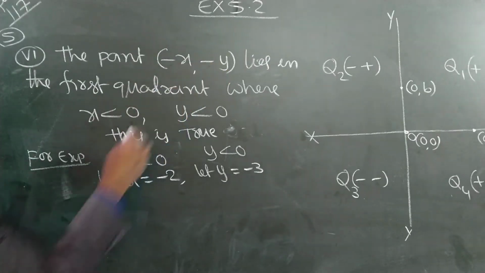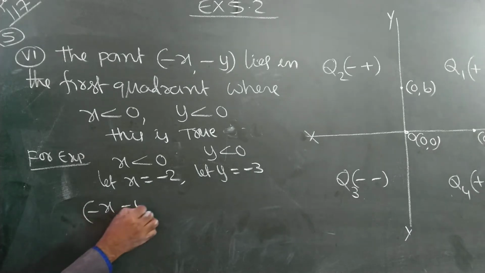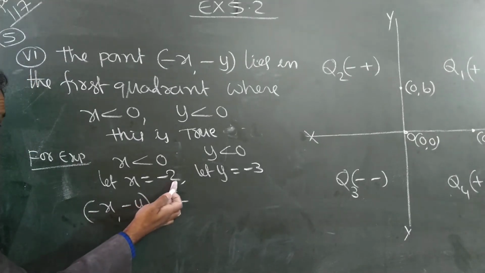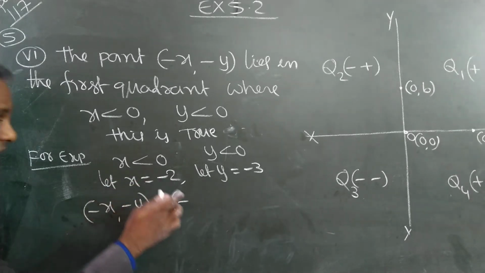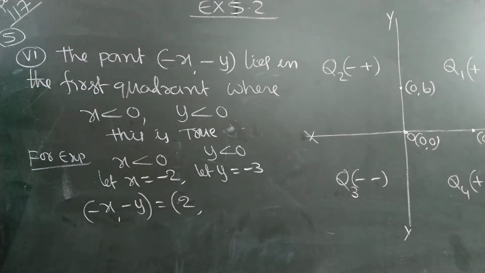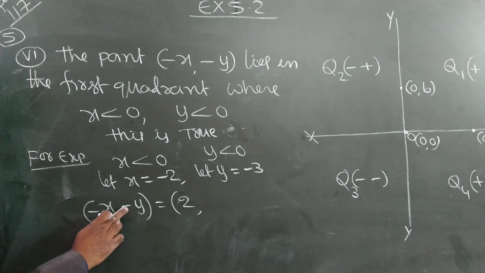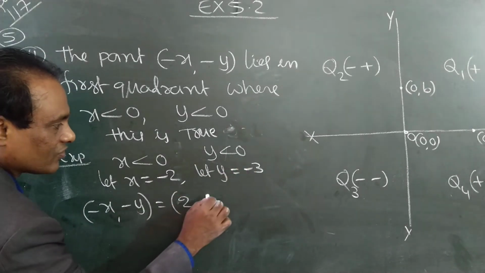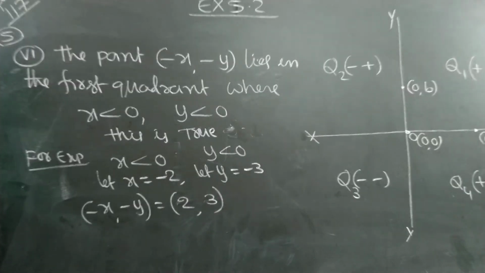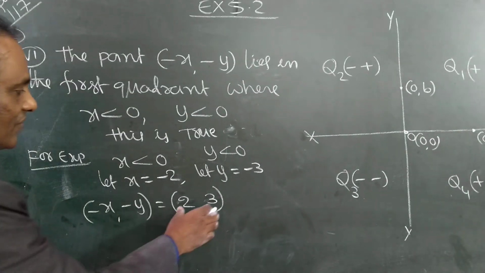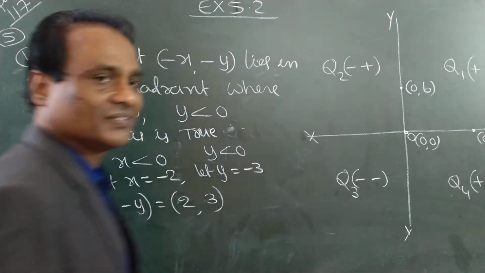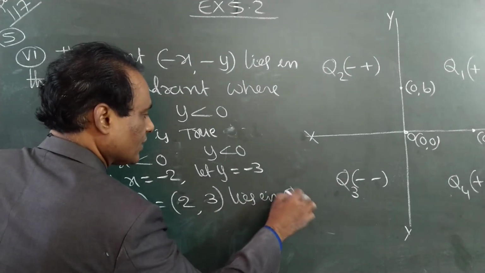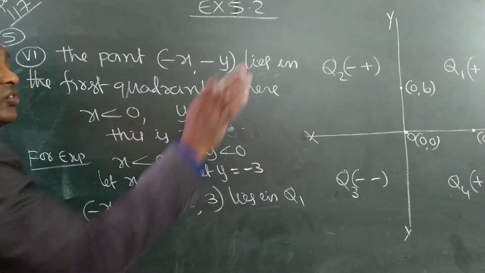What is the point here? (-x, -y). x is -2, so minus of minus is plus 2. y is -3, so minus of minus is plus 3. This definitely lies in the first quadrant. Lies in Q1. Therefore, this is a true statement.